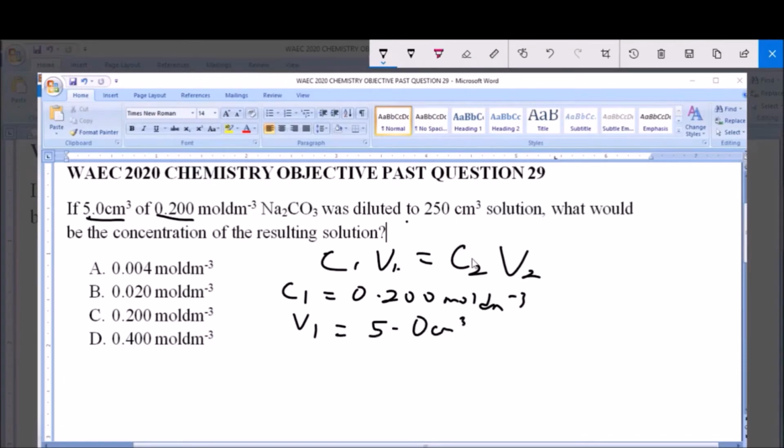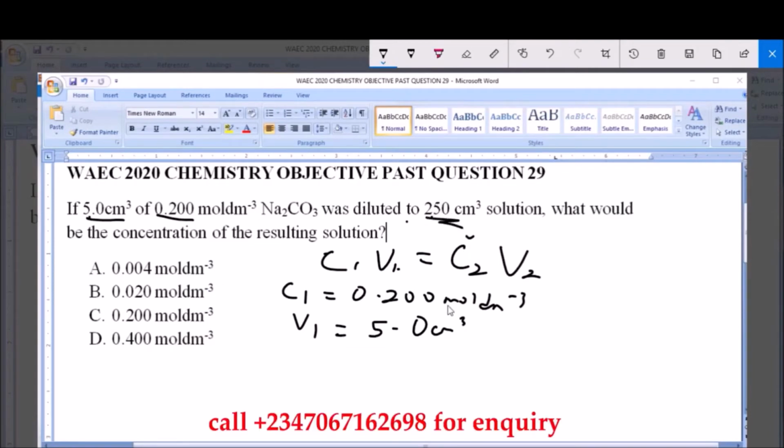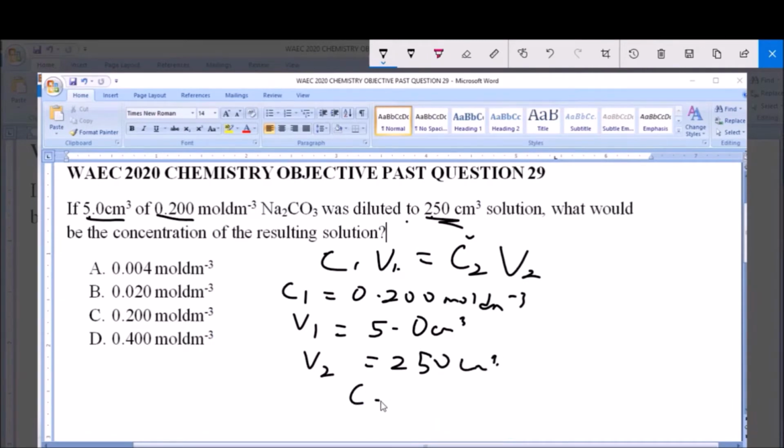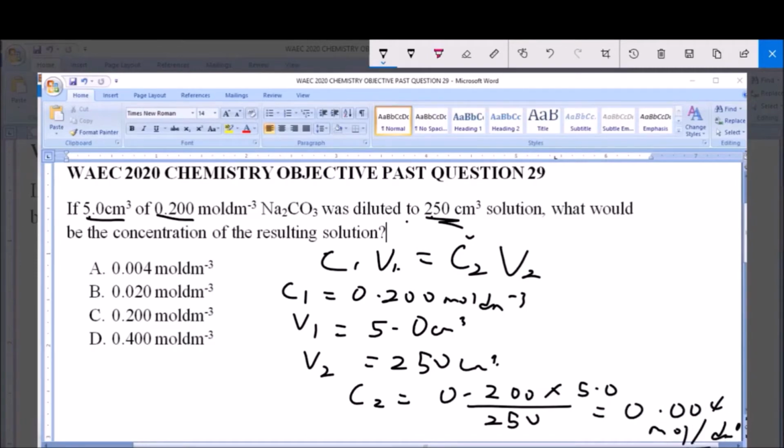Now we are looking for C2, that is the final concentration, and we have the V2, the final volume, as 250 cm cube. So if we use this formula, C2 is equal to 0.200 times 5.0 over 250, and that is equal to 0.004 mole per dm cube. 0.004 mole per dm cube is option A. Option A is the correct answer to this question.